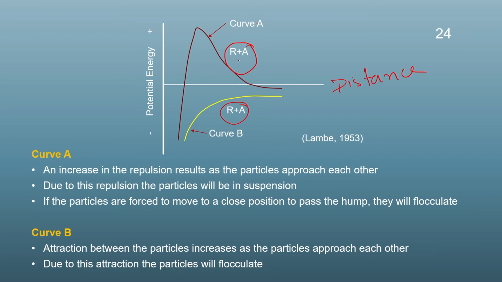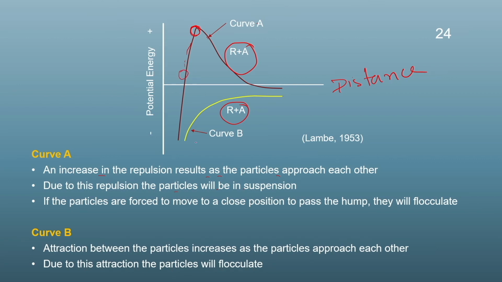Curve A shows that an increase in the repulsion results as the particles approach each other. Due to this repulsion, the particles will be in suspension. But if the particles are forced to cross this hump, then what will happen? The attractive forces will increase and the particles will be in a flocculated state.